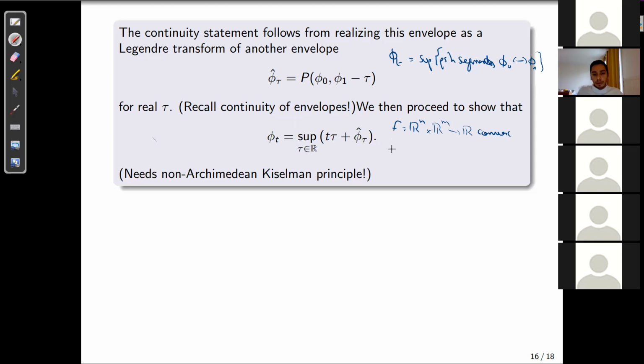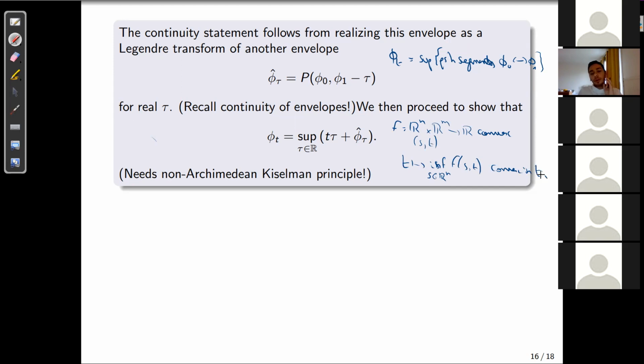You have what you call the infimum principle for marginals, or simply the Prékopa infimum principle, which says that the function that I'm going to write here, the function that to t associates the infimum over s in R^m of f(s, t), is also convex in t.